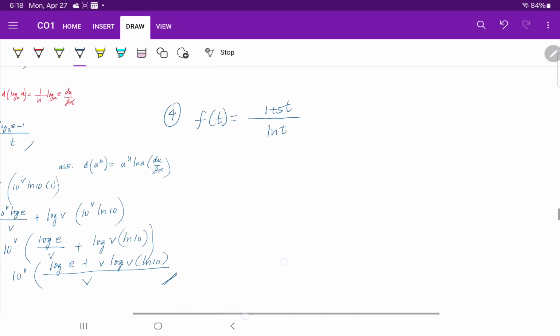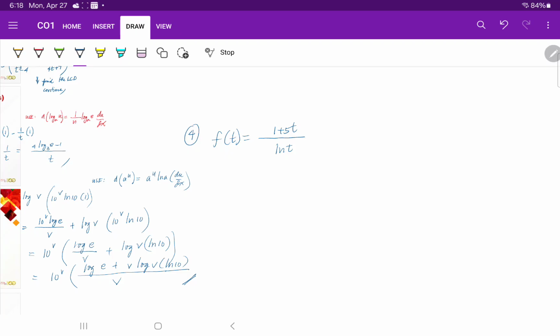So what do we use here? We use the derivative of a quotient, the derivative of u over v, which is v du minus u dv over v squared. So what's f prime of t here?